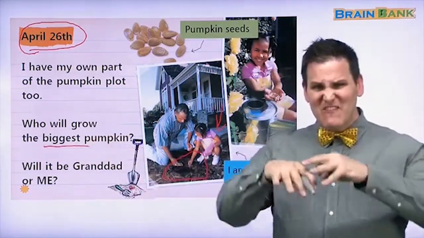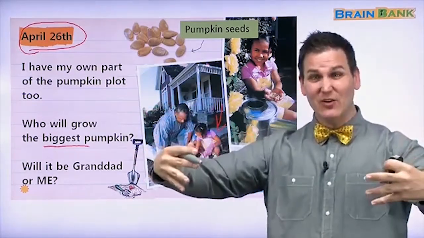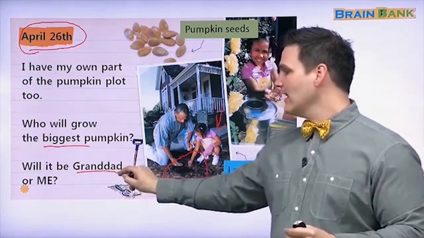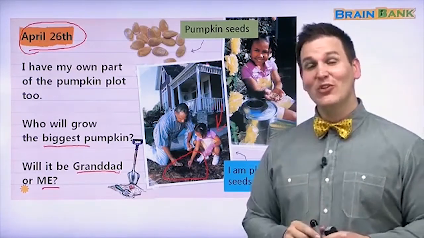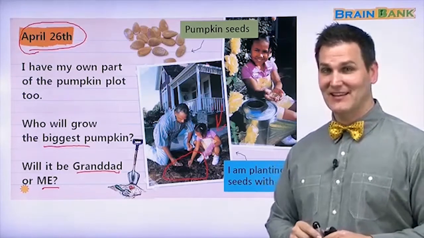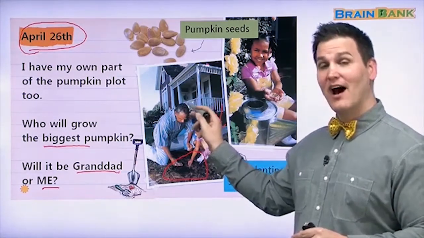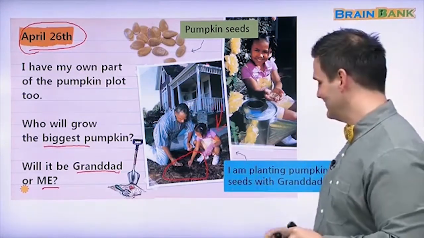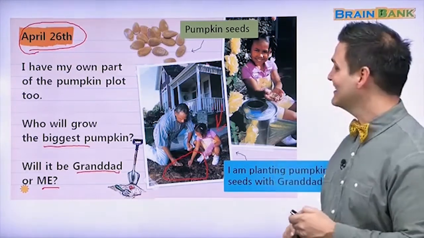Biggest pumpkin, very large, huge, maybe this big, bigger than you. Will it be Granddad or me? Who do you think will grow the biggest pumpkin, the biggest 호박? 할아버지 or the young girl? Okay, let's see what happens next.